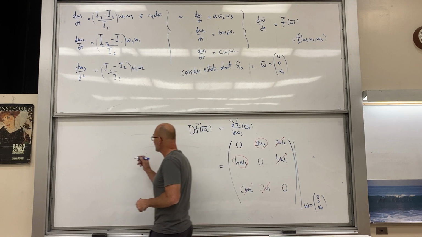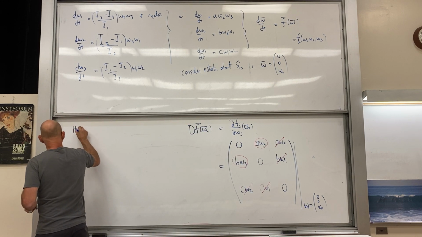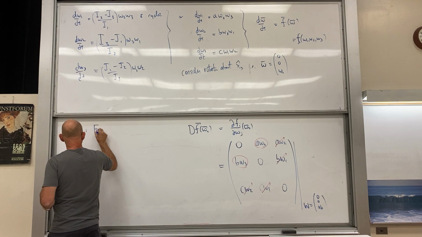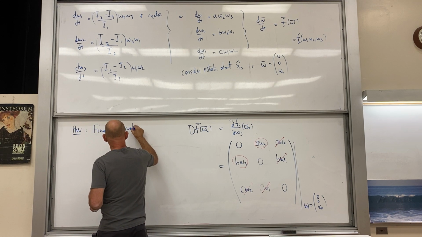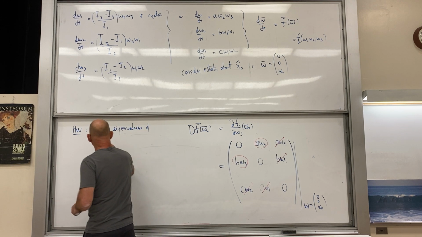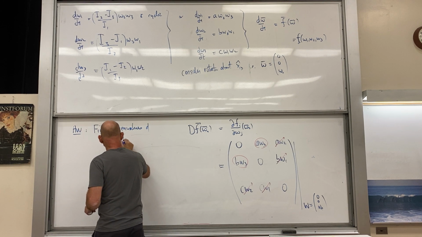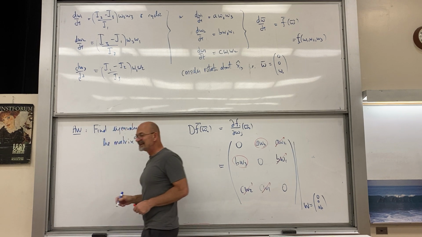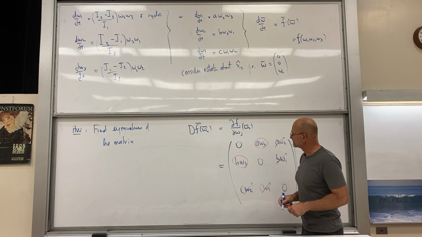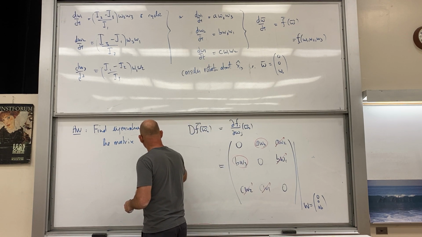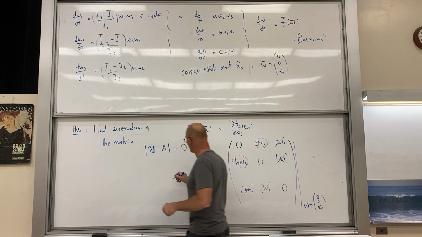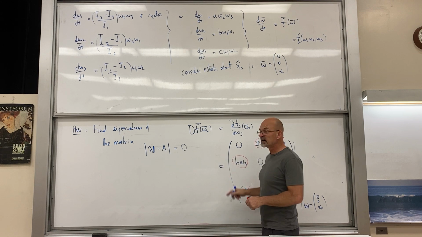So the homework: find the eigenvalues of the matrix. Okay, that's easily done. You've got lambda times the unit matrix minus A. The determinant of that is equal to 0, and A is, of course, this matrix we have right here.